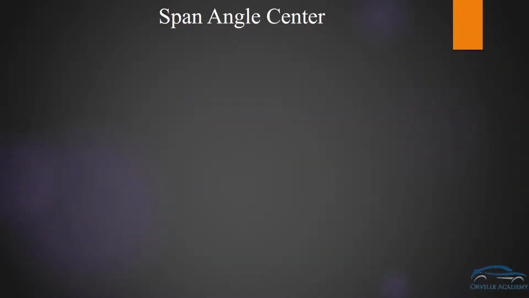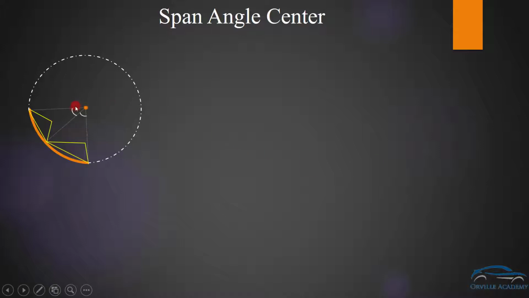Now let us see there is some geometry and within that geometry I have some curvature which looks like this. Let us virtually extend this curvature so that it makes a complete circle having the center at this point. Now once I set the span angle center to, let's say, coarse, then automatically the elements will be placed like this. And if I create the angle, you can see this is the angle representing our span angle.